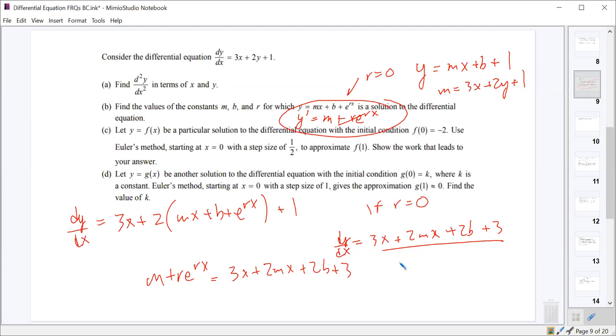So if I do that, and then we say that r is equal to 0, that gives us m is equal to 3x plus 2mx plus 2b plus 3. And then we'll subtract the m over to this side to get 3x plus 2mx plus 2b plus 3 minus m is equal to 0.